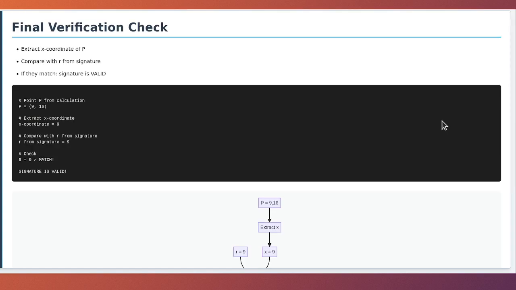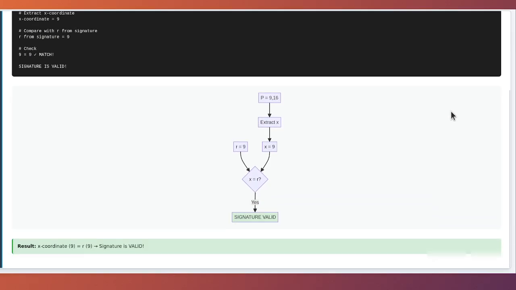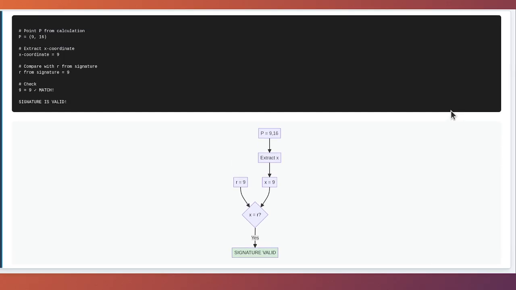Using the elliptic curve point addition formula with our modulo 17 arithmetic, we calculate the slope of the line through these 2 points, find where it intersects the curve, and reflect. The result of this addition is the point 9, 16. So P equals U1 times G plus U2 times Q equals the point 9, 16.